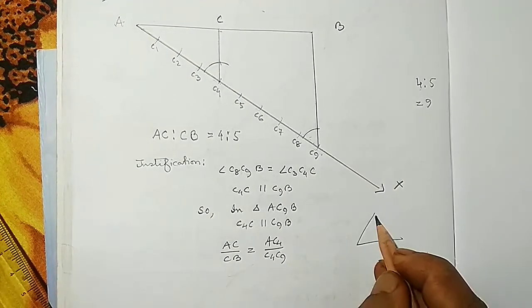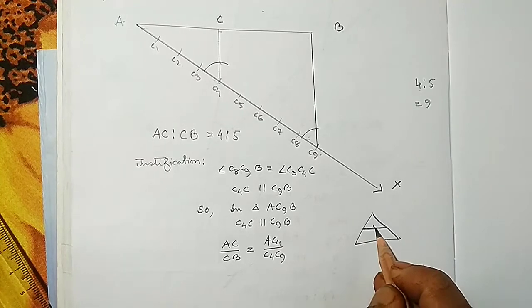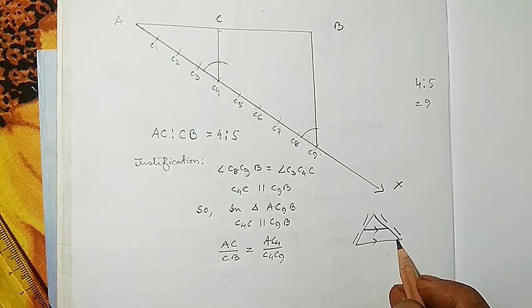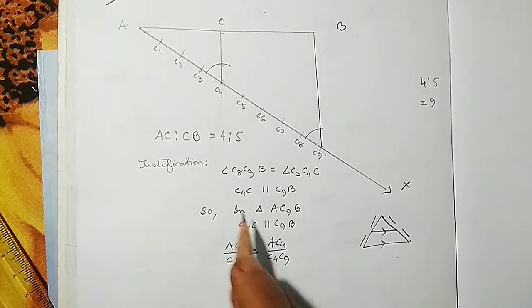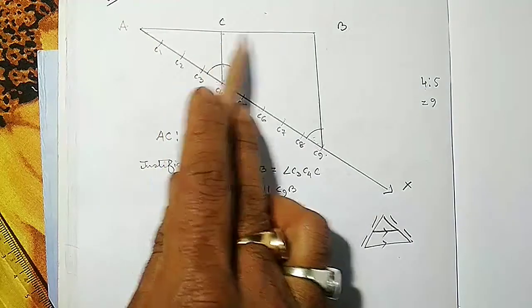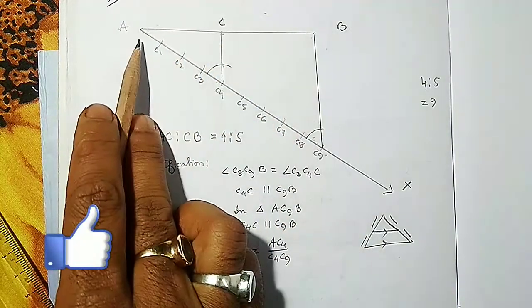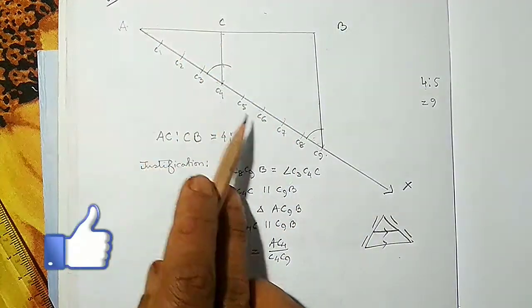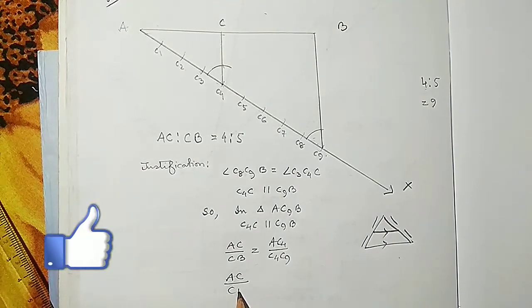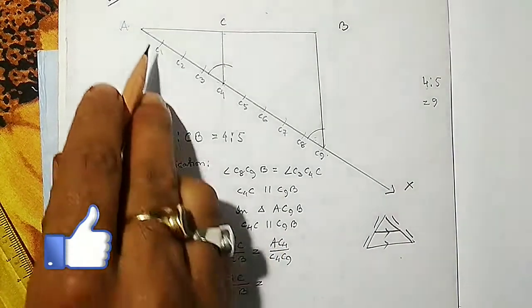We know in a triangle, if this side is parallel to this side, then the ratio of these two sides and the ratio of these two sides are equal. Similarly here, this line and this line are parallel, so AC by CB will be equal to AC4 by C4C9.